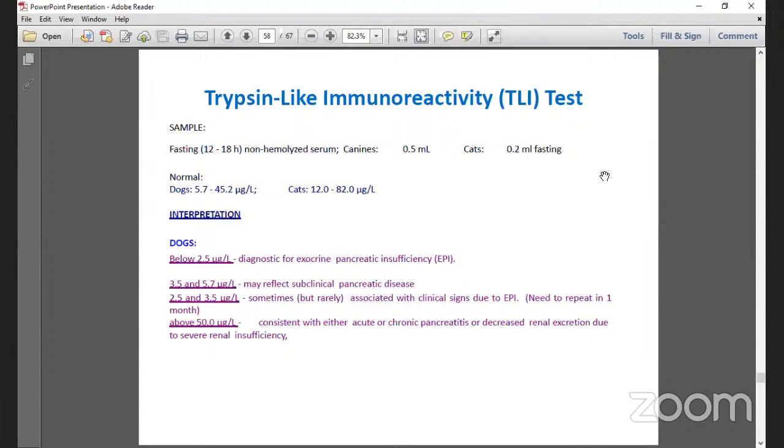If the result is 3.5 to 5.0, this reflects a subclinical type, and if it is above 50 micrograms per liter of the TLI enzyme, it is consistent with either acute or chronic pancreatitis.